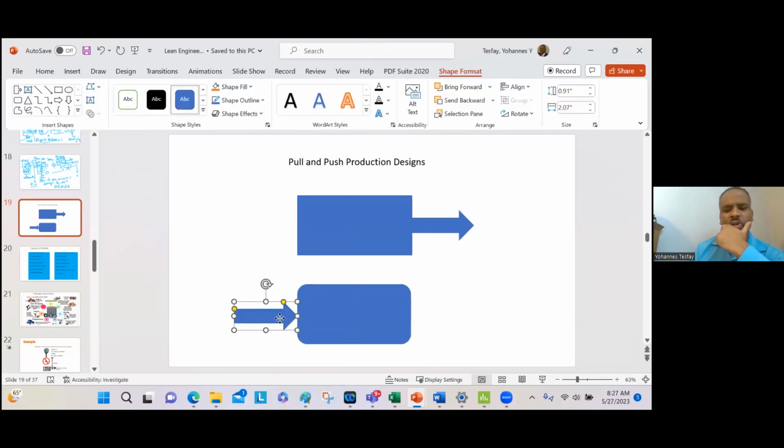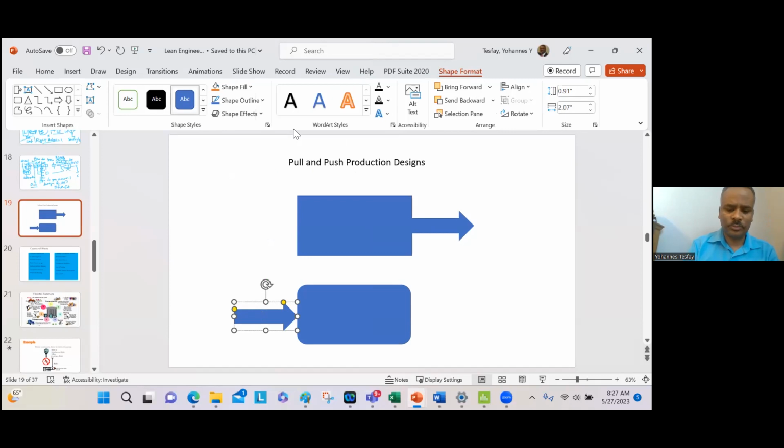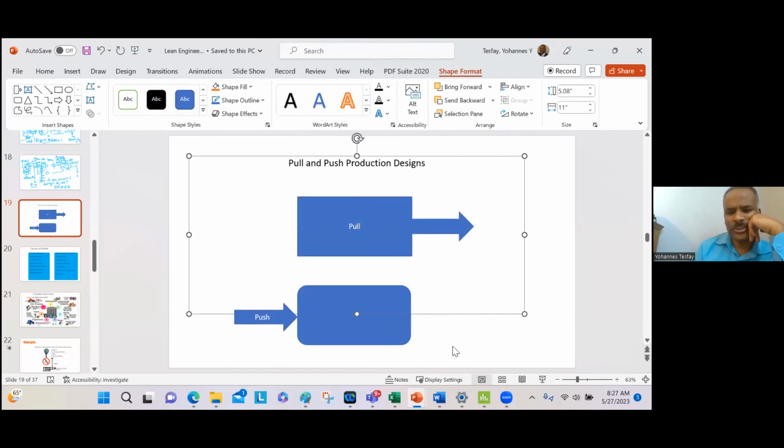Yeah, this is push. This is push, and this is pull. Pull process, okay, just like that.